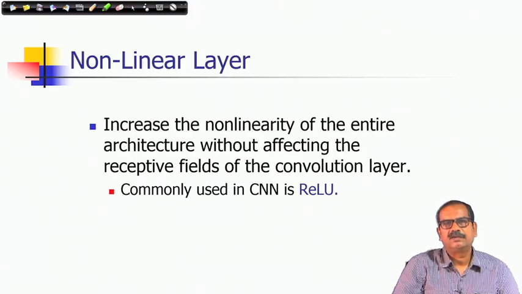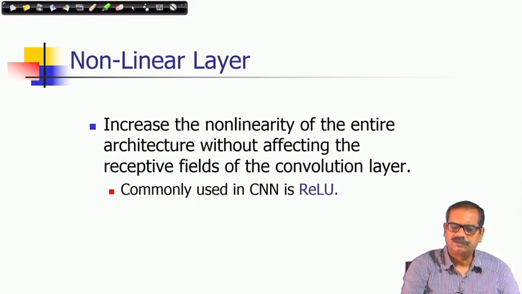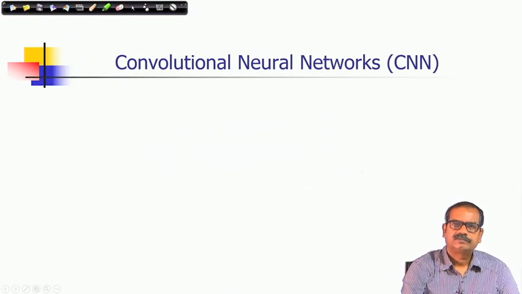It is a pointwise nonlinearity, and it increases the nonlinearity of the entire architecture without affecting the receptive fields of the convolutional layer, which generalizes the model further, and ReLU is commonly used, as I have mentioned.